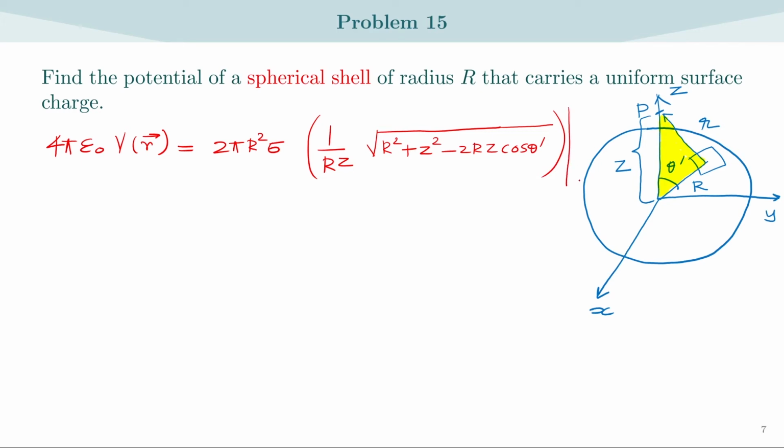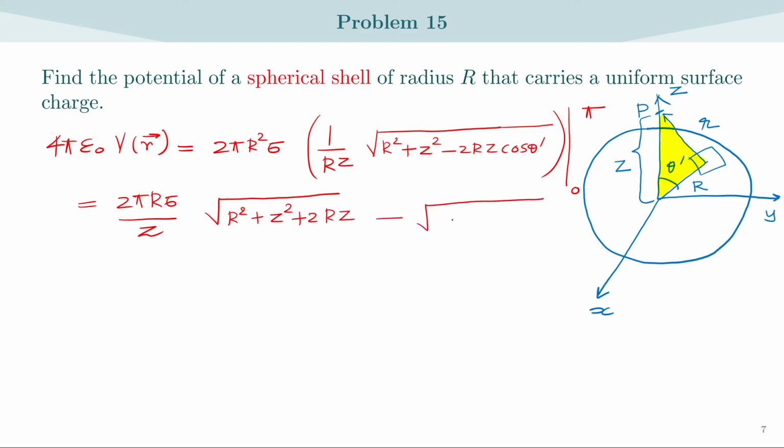The integration limit is from 0 to π. So this is equal to 2πRσ over z times [√(R² + z² + 2Rz) − √(R² + z² − 2Rz)].